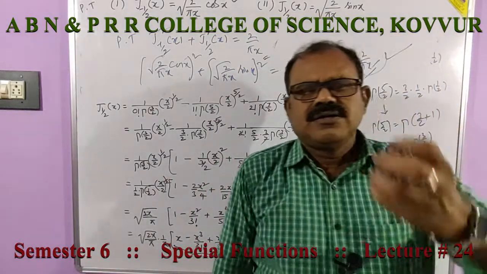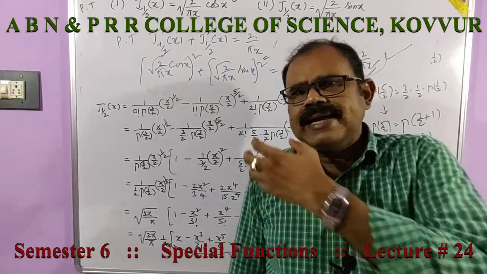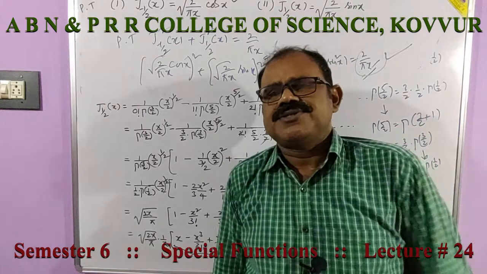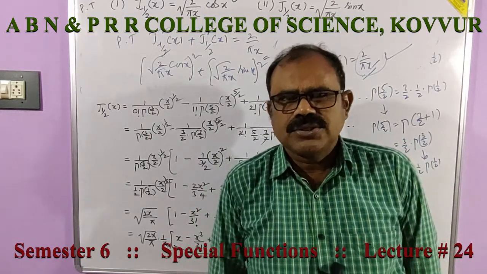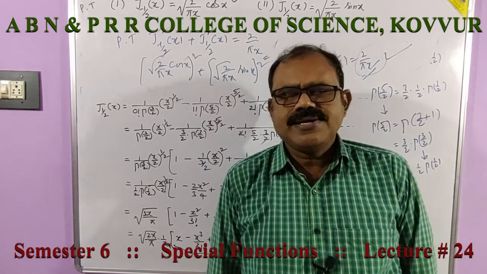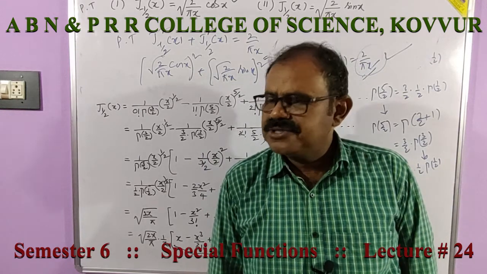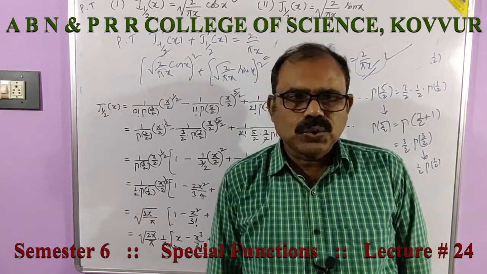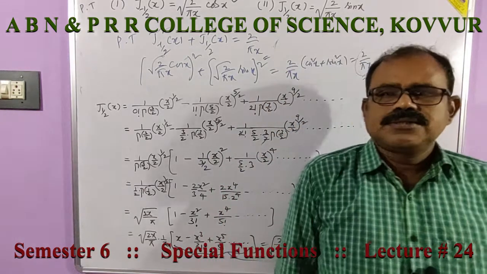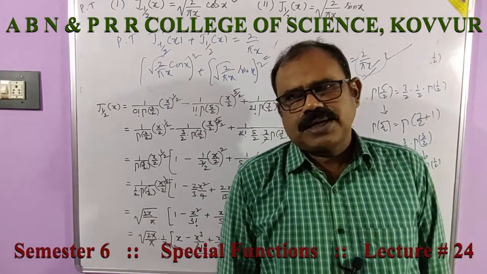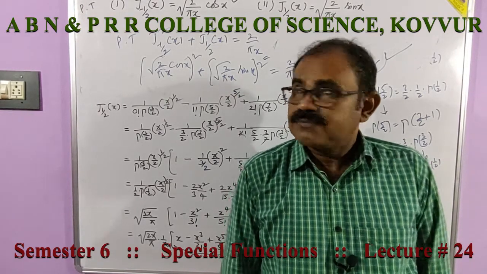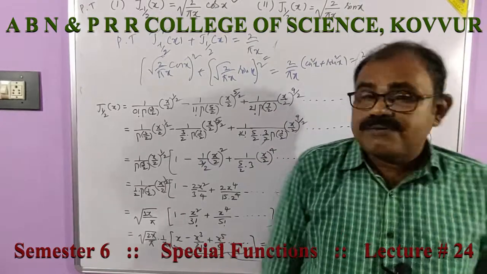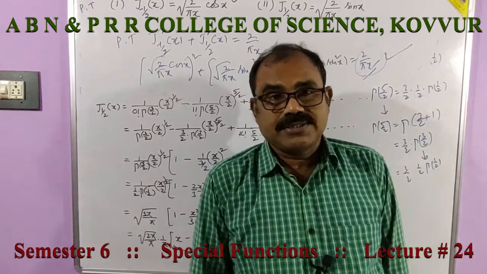Further you will have some more deductions from Bessel's recurrence relations, which I have given you in the PDF notes. You can easily understand. In Bessel's there are no orthogonal properties and no Rodrigues formula, so these are enough, and you go through the notebook. That is the end of Bessel's functions.